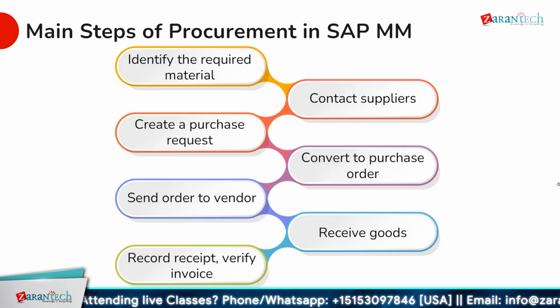The purchase order outlines the agreed upon terms and conditions, including price, quantity, and the delivery details. SAP MM facilitates the sending of purchase orders to vendors electronically or via print. When the goods are received from the vendor, SAP MM enables the recording of the goods receipt, updating the inventory levels, and generating a goods receipt document.